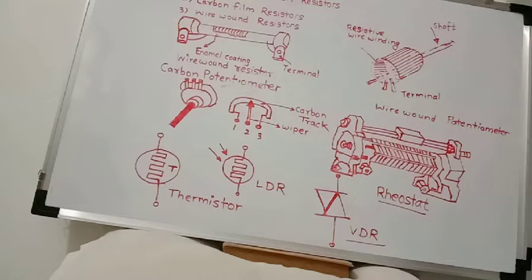In carbon composition type resistors, there are four color rings, and by observing the color rings, we can find out the value of the resistance.